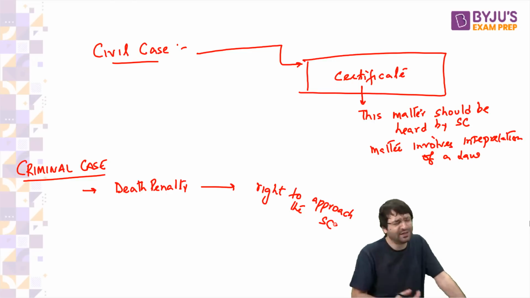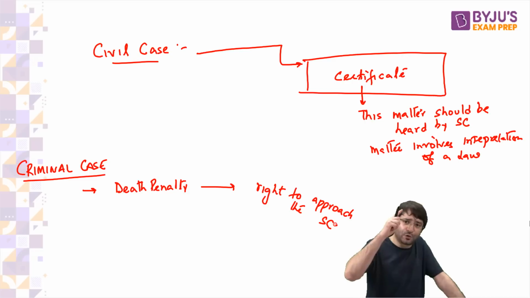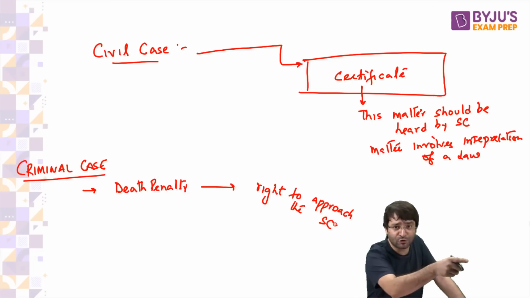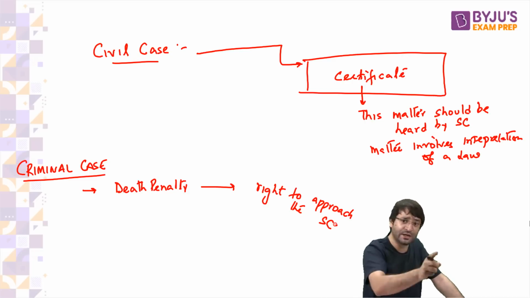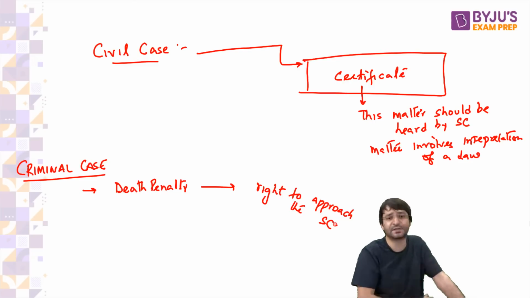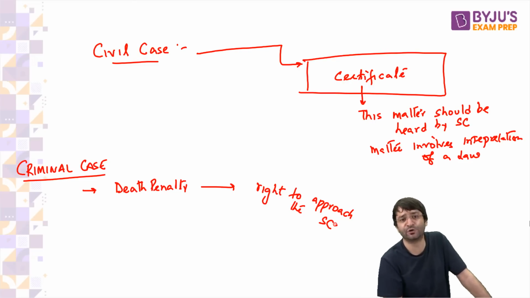If you want, if you don't want, okay, hang. But if you want and you want to approach the Supreme Court, it becomes your right. You don't need a certificate by the High Court to approach the Supreme Court. You can directly approach the Supreme Court after this death sentence is awarded to you by the High Court.